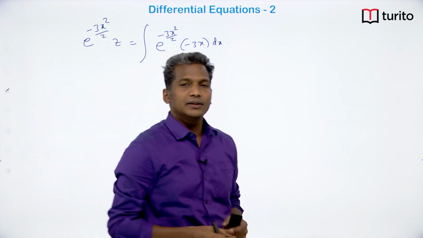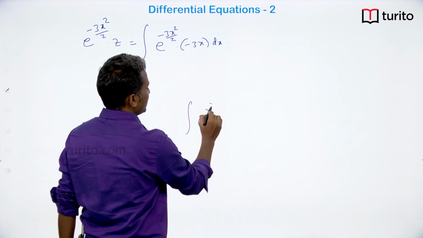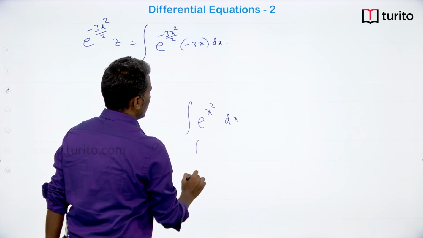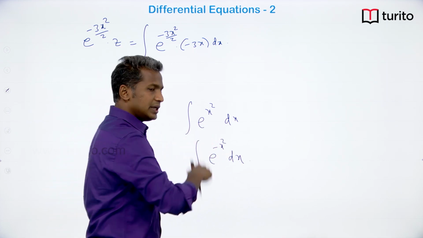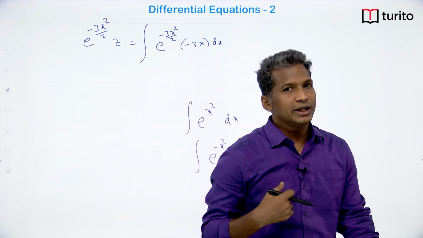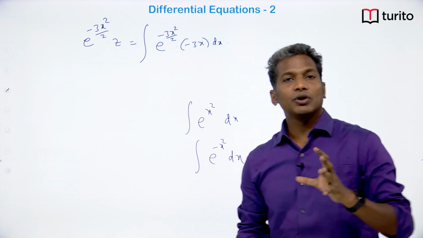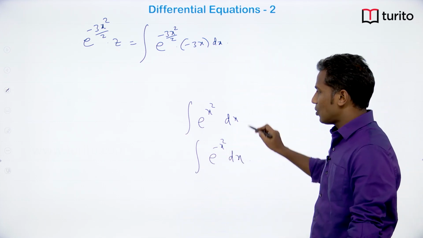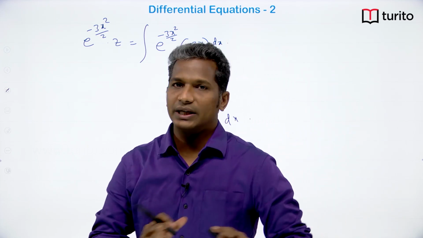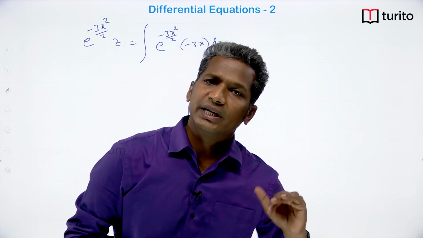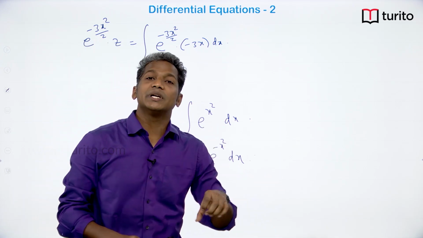Now in general, e raised to x square dx or e raised to minus x square dx, these two functions are non-integrable functions using indefinite integration. You will not get the integral. But using definite integration, you can find the integrals if the limits are known.